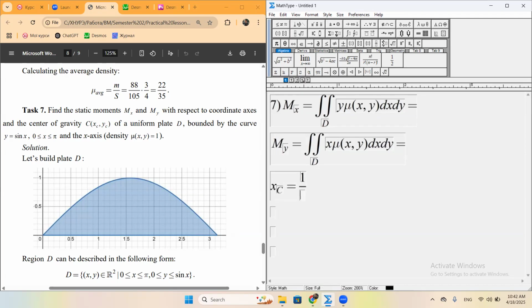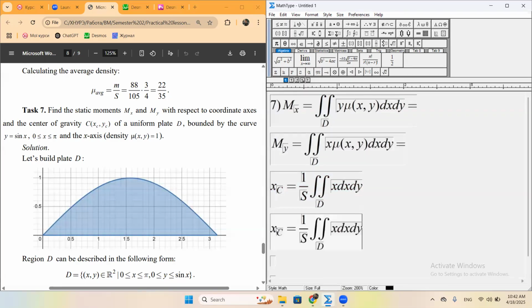We take the following integral over region D divided by the area, for x and for y. So that's it. We have all the formulas. Now let's move to our calculations.